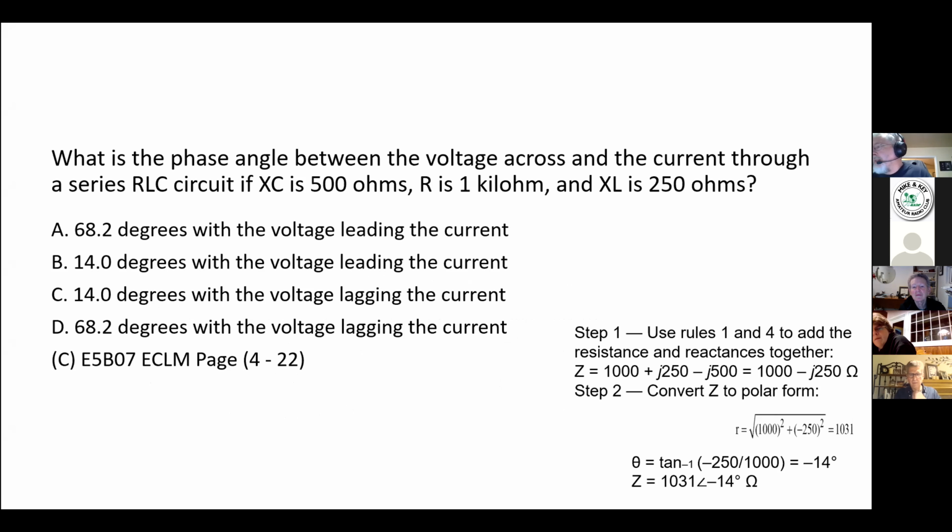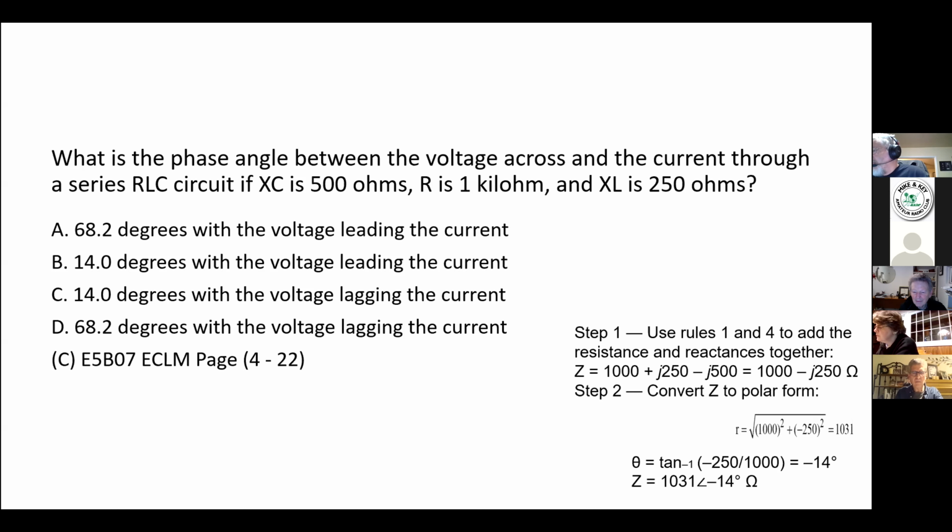So here are the actual steps to do the math. Use rules 1 and 4 to add the resistance and reactances together. So Z equals 1000 plus J250 minus J500, which gives you 1000 minus J250. Then convert Z into the polar form using the formula: R is the square root of 1000 squared plus the negative 250 squared, which equals 1031.